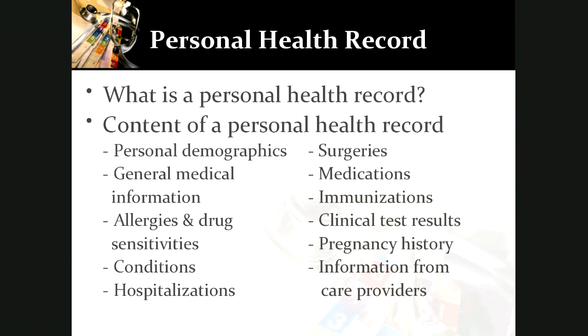And you can collect that information and keep it in a notebook. That's a personal health record, or you keep it online using a free software, or you can even use special services where you can pay for them to keep them online and have it encrypted and those types of things. Next slide.